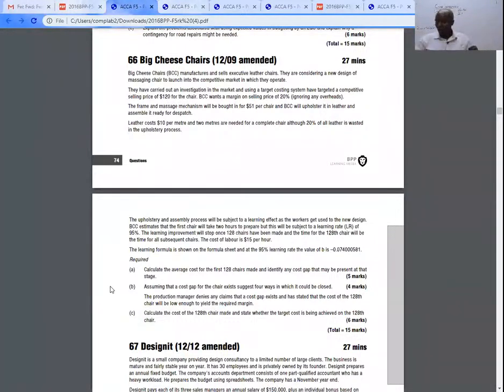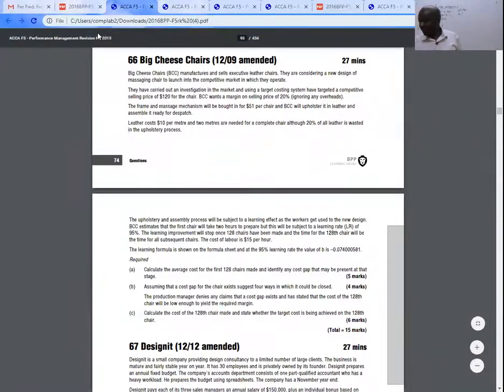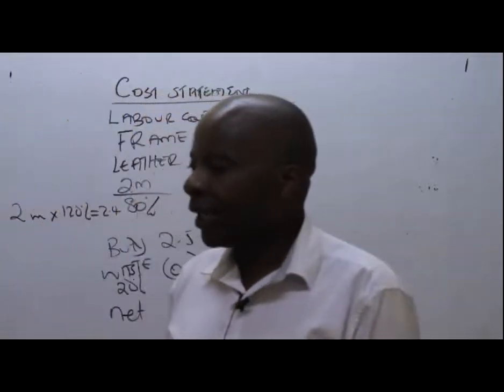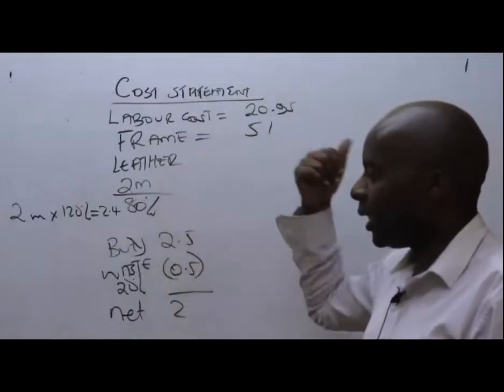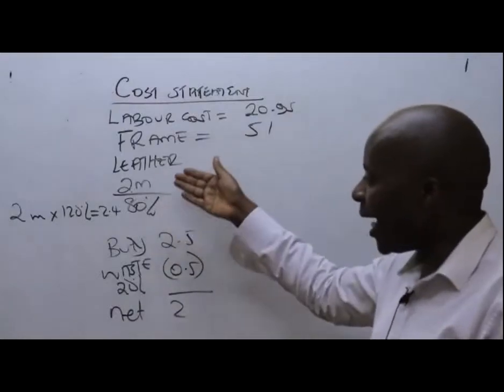So you should be able to understand it in your own way, which you should be able to use in the future. I'm repeating this once again, ladies and gentlemen: whenever there is a loss, take the net number of meters needed, divide by the net percentage.